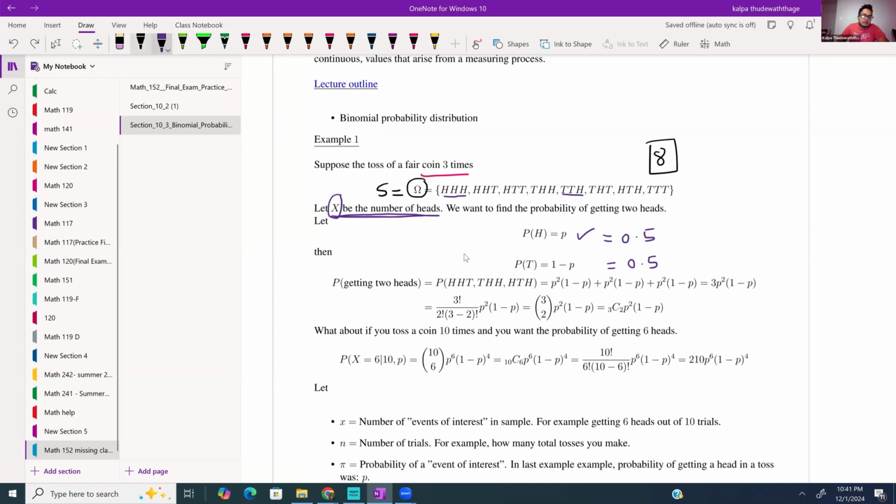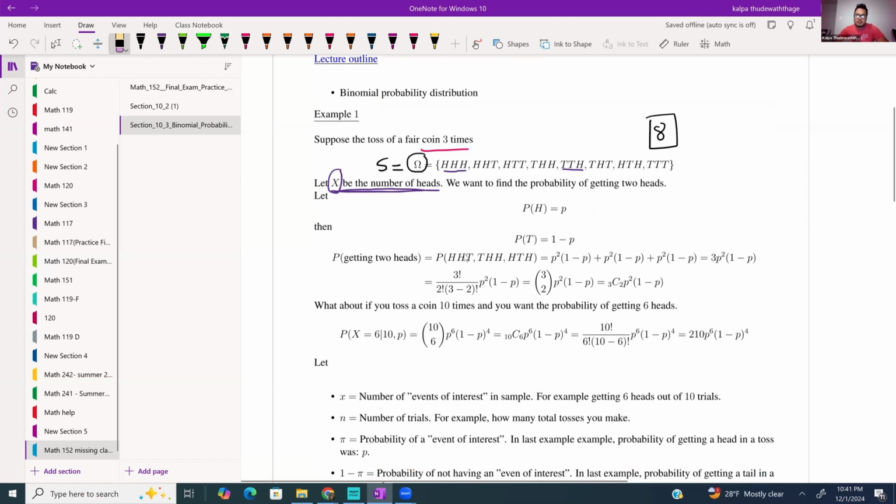So I choose P as the probability of head, and 1 minus P is the probability of tail. For example, if the probability of head is 20%, then 100% minus 20% is 80%. It's 0.2 and this is 0.8.